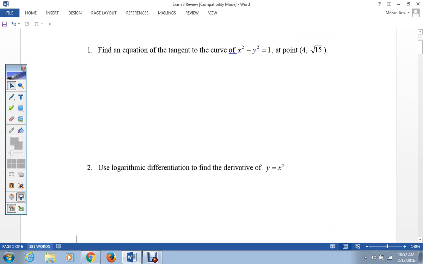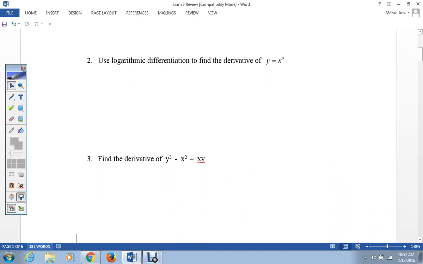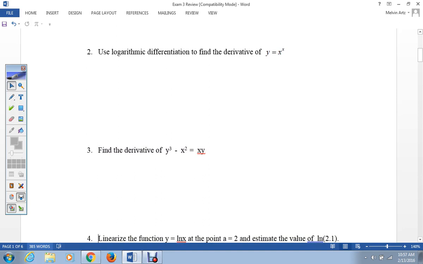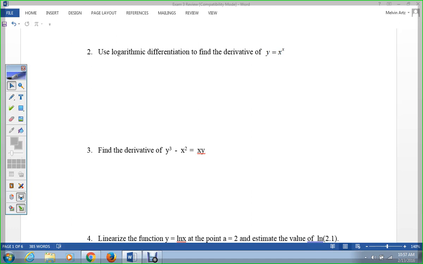So using logarithmic differentiation, we know when we have this form, y equals an f of x raised to a g of x, we use logarithmic differentiation.